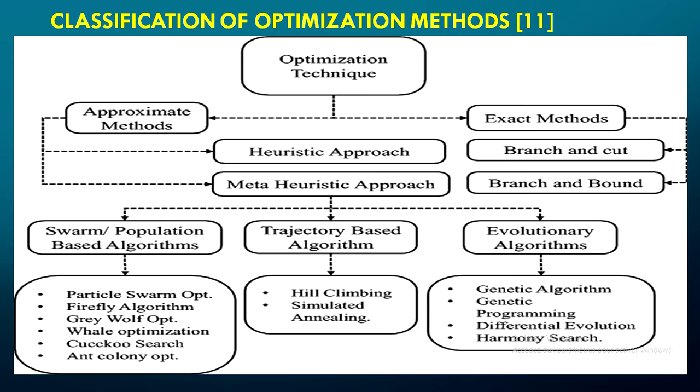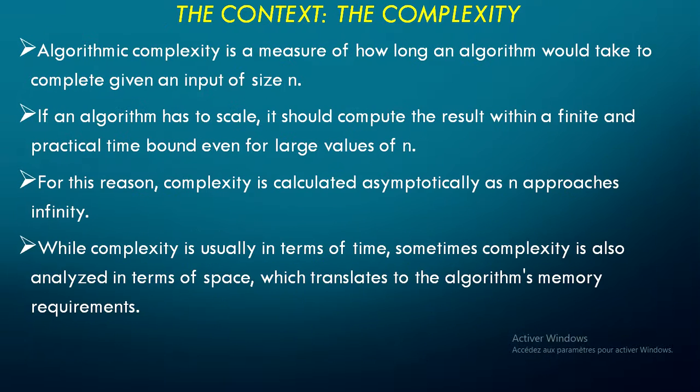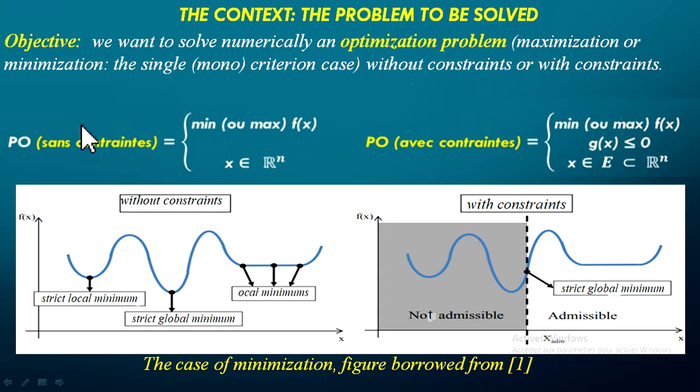A little remark. An optimization problem, which has three components: the objective function, the constraints, and the variable area, is a formal model, or a mathematical model.